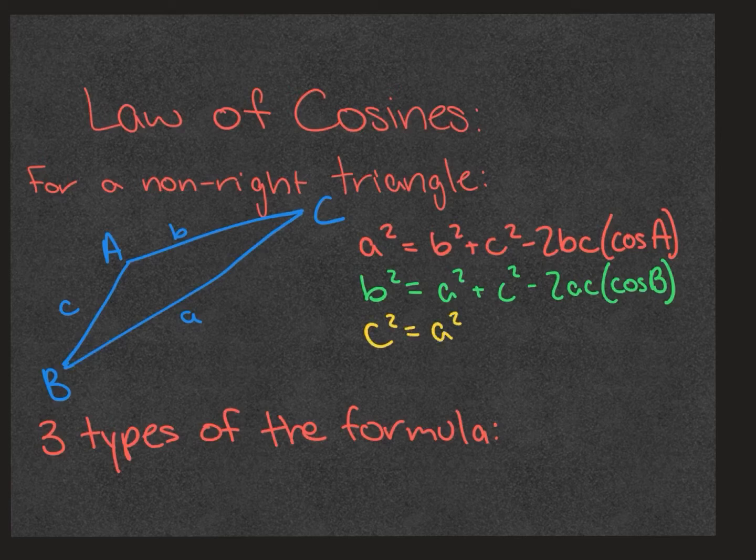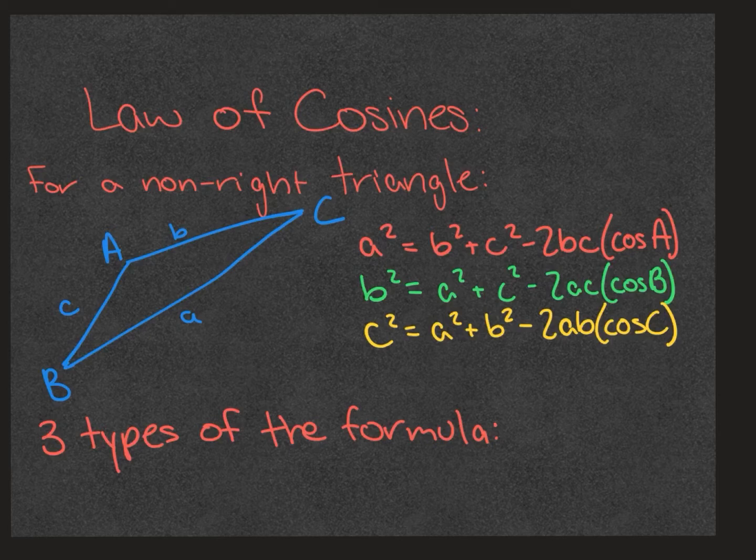So that's if our side c is missing, we have the side a squared and the side b squared minus 2ab cosine of C.